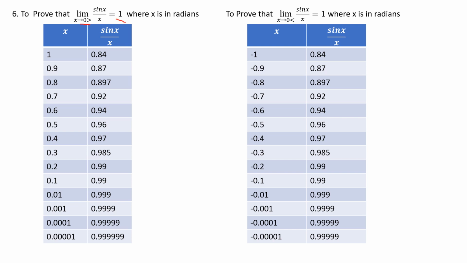Here we have the value of x. Here we have the value of sin x over x. When you replace x by 1, it will be sin 1 over 1, which will give us 0.84. When x is 0.9, sin 0.9 over 0.9 will give us 0.87.